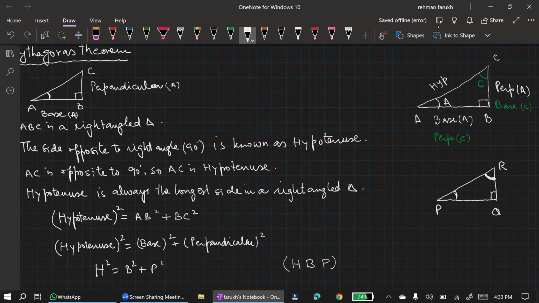PQ. Yes. Opposite to 90 is always the hypotenuse, and this one is the base of R. Is this okay? Yes, sir.